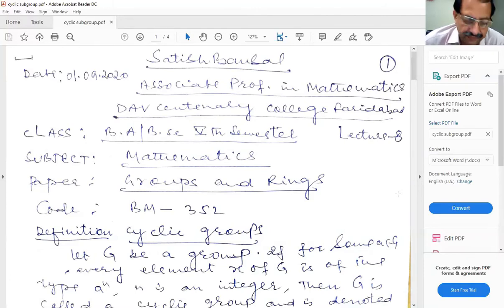So before going to cyclic groups, I would like to talk about subgroup. Subgroup में क्या कहा जाता है?